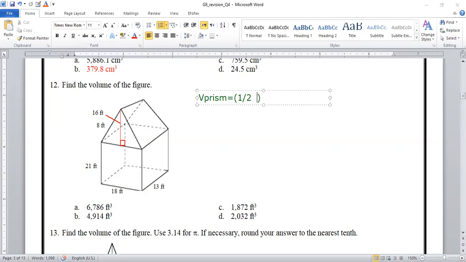Half, base of the triangle is 18, times height of the triangle is 16, times the height of the prism. The height of the prism, this distance or this distance, equals this side, or 13.